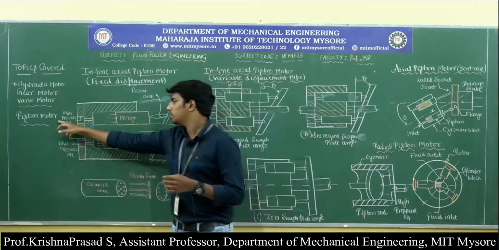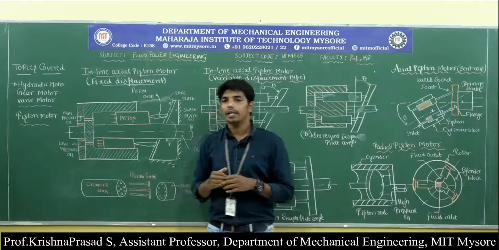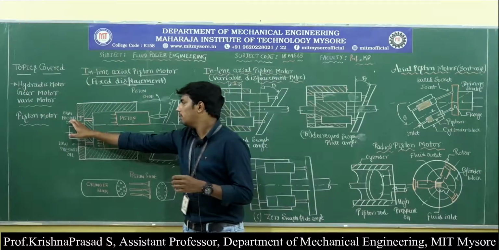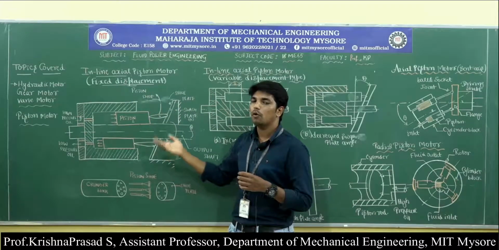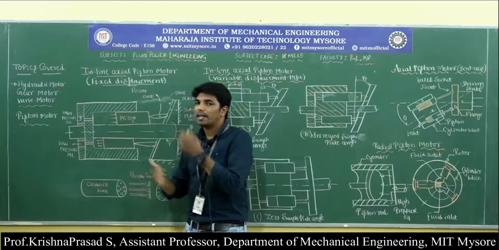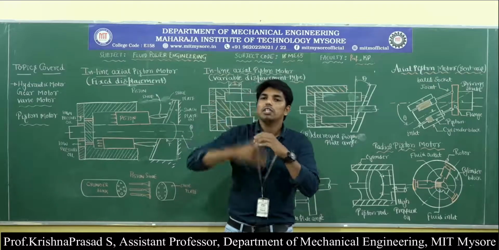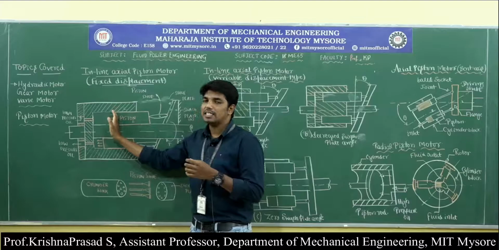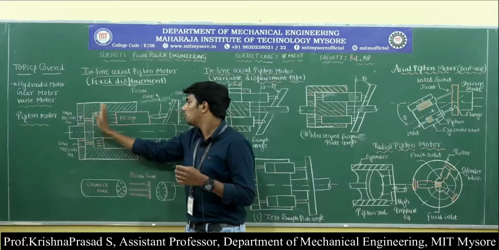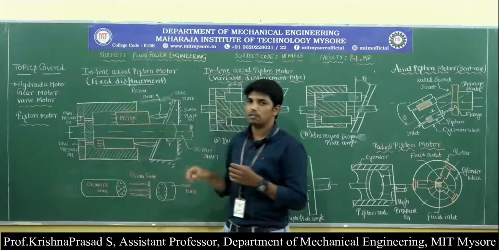When highly pressurized oil enters the inlet through the kidney shaped opening, what happens? It exerts pressure on the 3 to 4 pistons located around the cylinder block. On the opening side, this pressure is exerted on the piston.